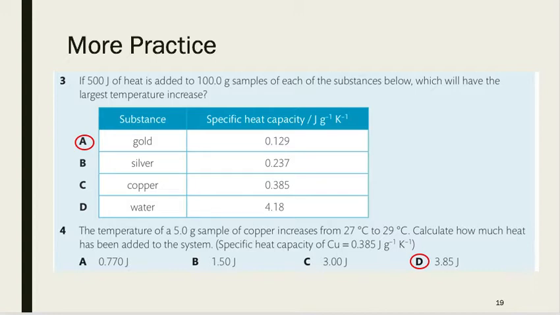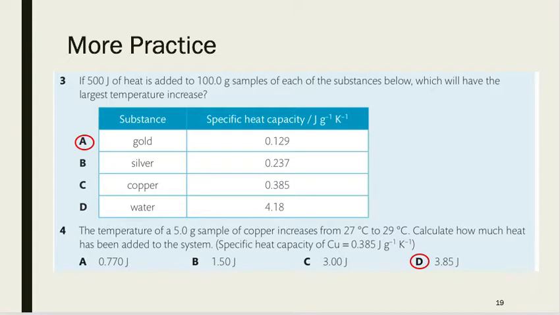Now, one thing I want you to note is water's specific heat capacity is extremely high compared to these metals here. And you may be thinking, that's weird, but it actually takes a lot of energy to heat up a sample of water.